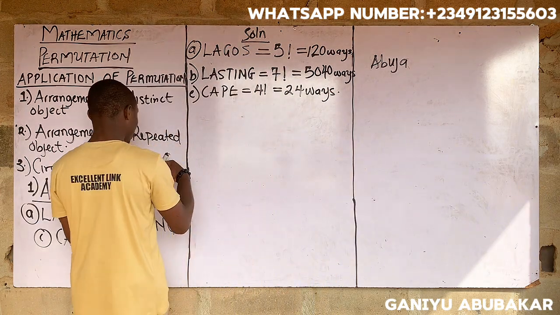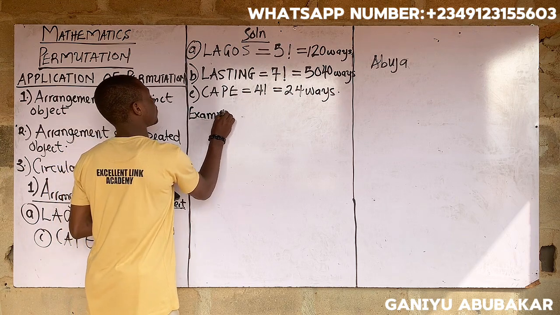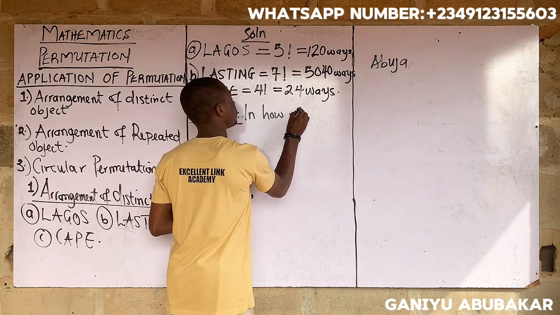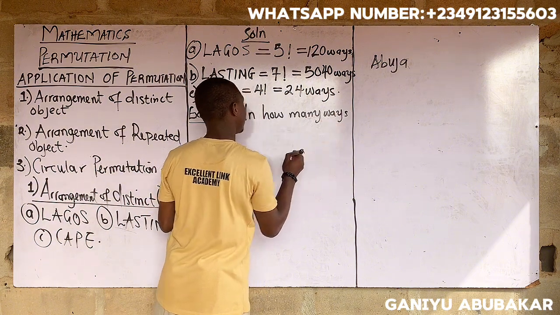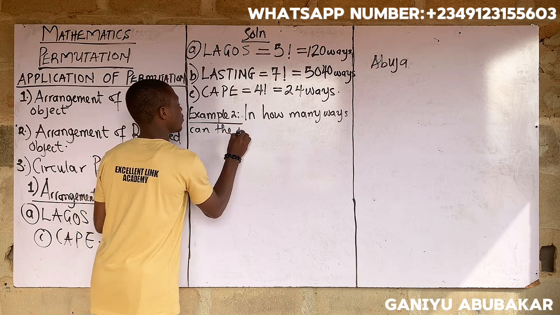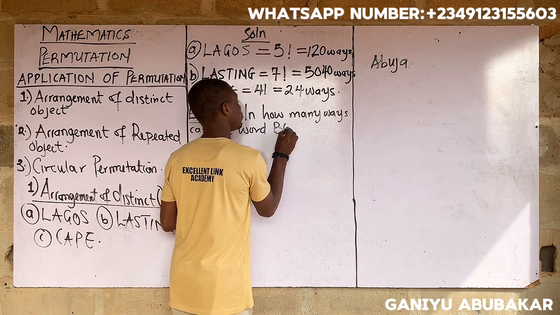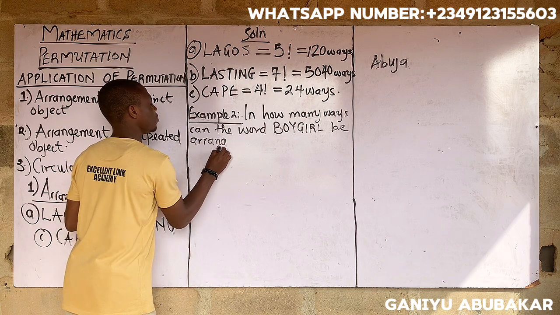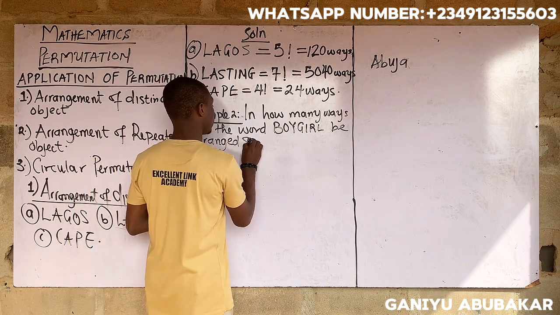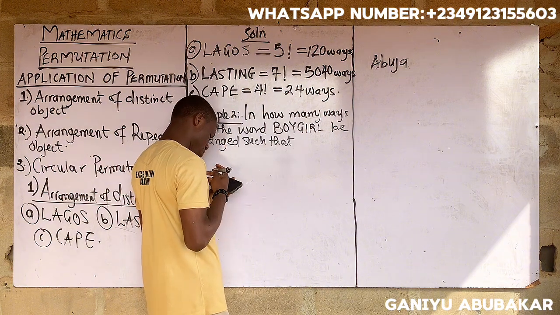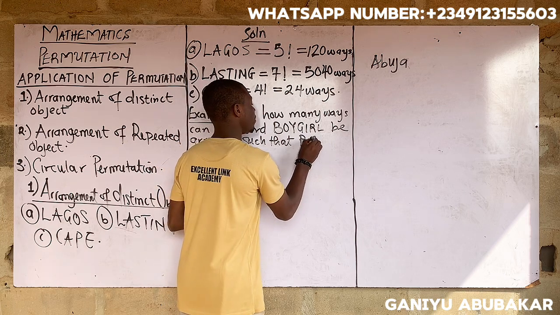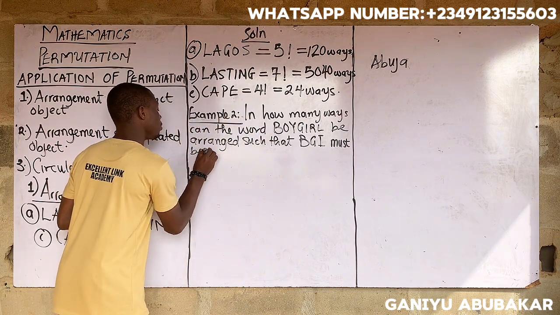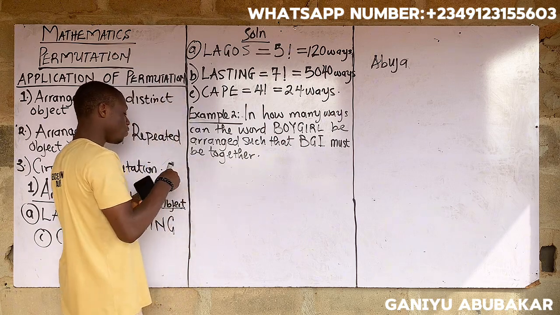So example 2 says, in how many ways can the word BOYGIRL be arranged such that BGI must be together. Let's solve this problem here.